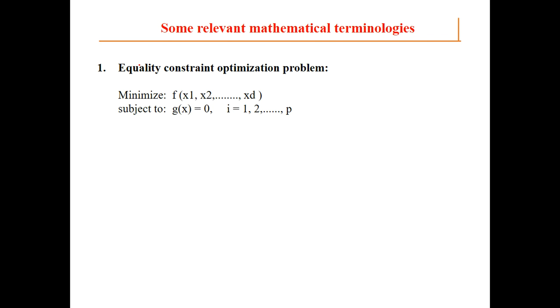Now let us take some examples of optimization problems. In an optimization problem we have an objective function and some constraints. The objective function f of d number of variables, and g_i(x) for p number of equations in the constraints, g_i(x) for i equal to 1 to p.